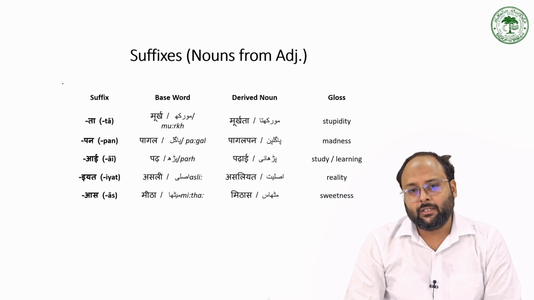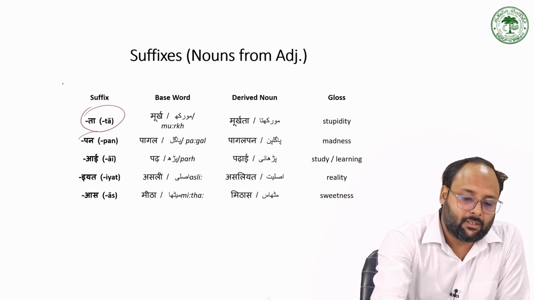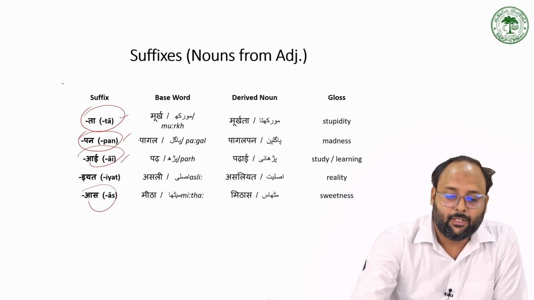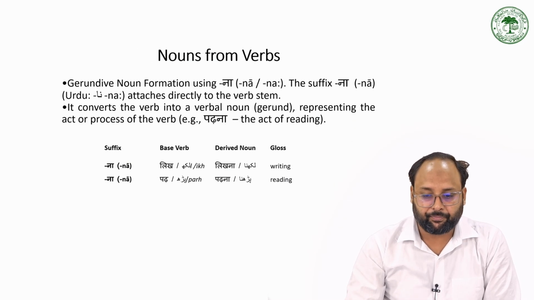There are other suffixes also for the derivation of nouns from adjectives, like ta, pan, iyat and as, as we have already discussed. So by pan we get pagalpan, par becomes padai, asli becomes asliyat, meetha becomes mithas, which we have already discussed.